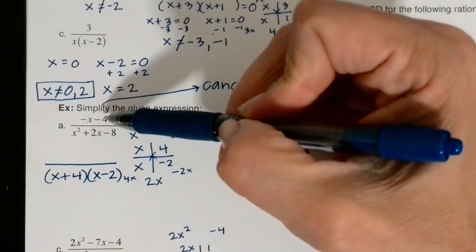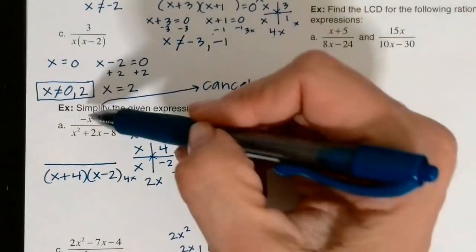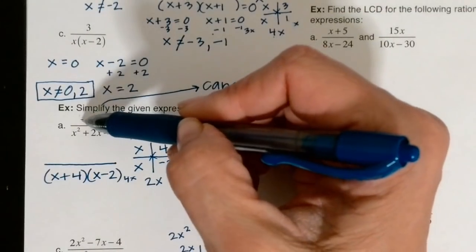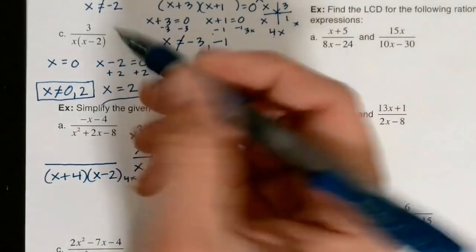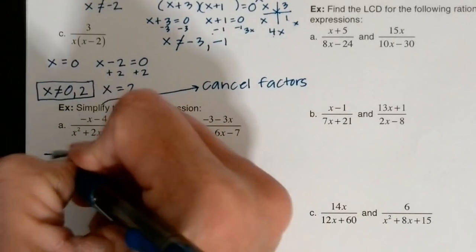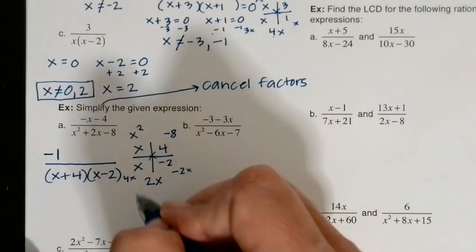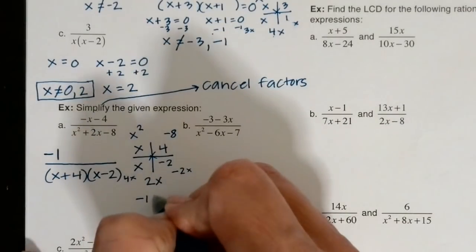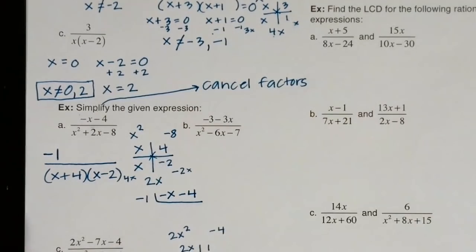So if this is our numerator, do we have any family that's exactly the same? And you're like, well, no, negative x minus 4 isn't the same as x plus 4. But the reason why we're going to be a little careful here is if I pull out a negative 1 from this, as if I was doing hockey stick with negative 1. We talked about hockey stick or GCF last chapter.